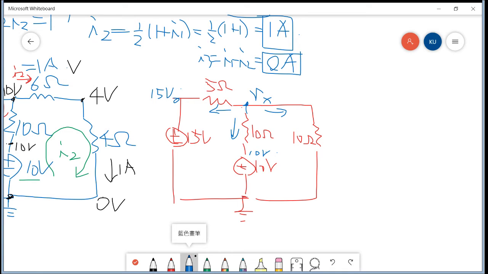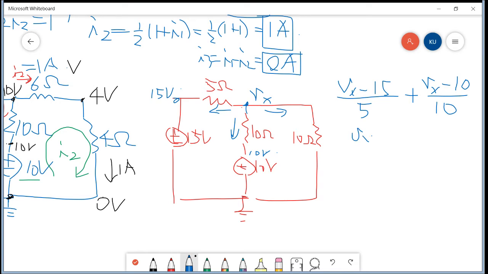So for the left one, we have Vx minus 15 over 5, and the bottom one, Vx minus 10 over 10. And then the third one, Vx over 10. Actually, Vx minus 0, which is Vx, and then over 10 for this resistor. So equals to 0. And then we can just simply multiply by 10 on both sides.